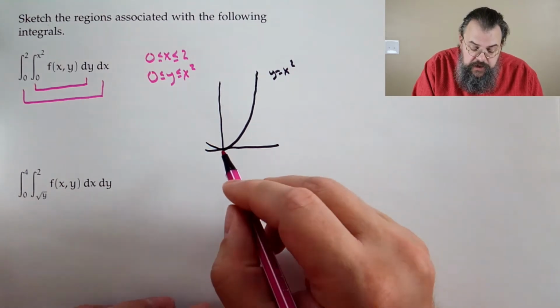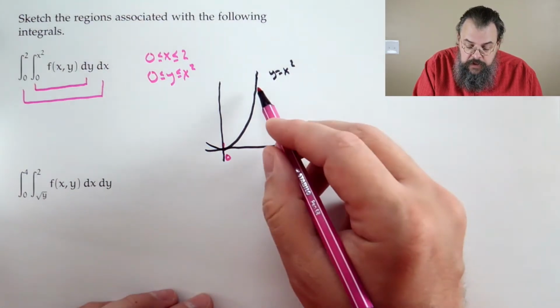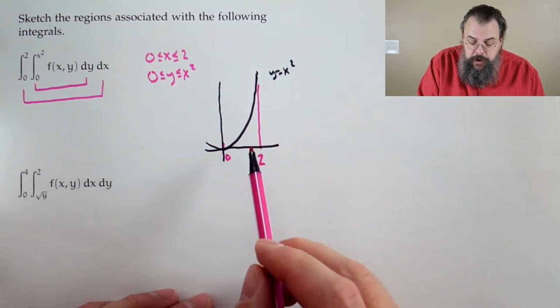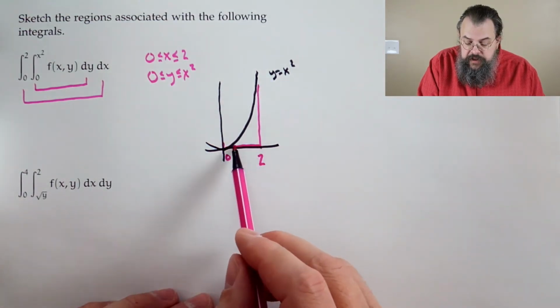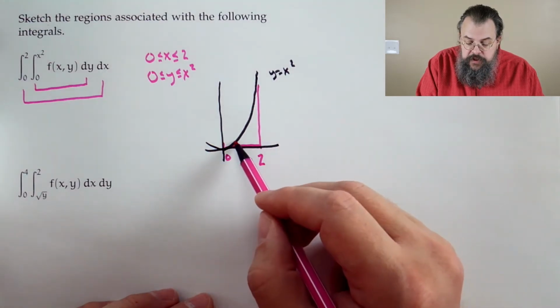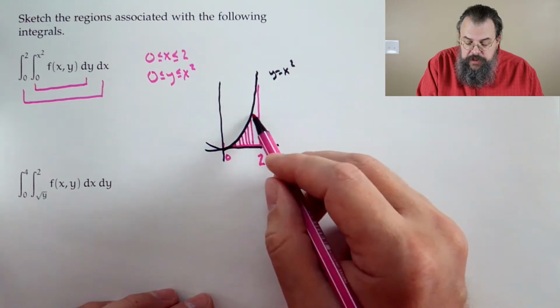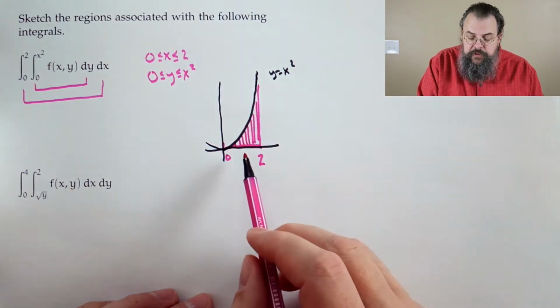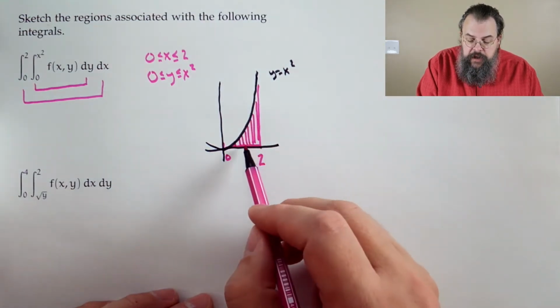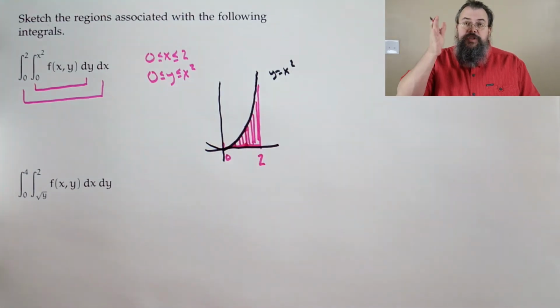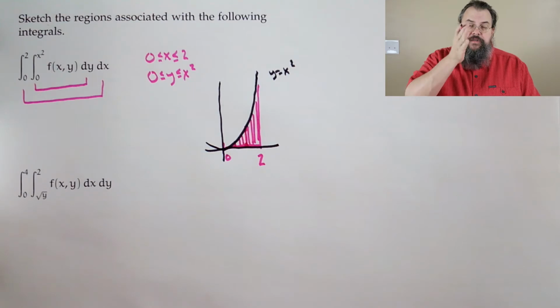So we can mark here's x equals 0, and over here is x equals 2. And we're going from y equals 0, which is down here, the x-axis, up to the curve y equals x squared. So essentially, you should think of it this way: for any value of x, I'm going to go from 0 up to x squared. So we're slicing, in some sense, in a nice vertical fashion.